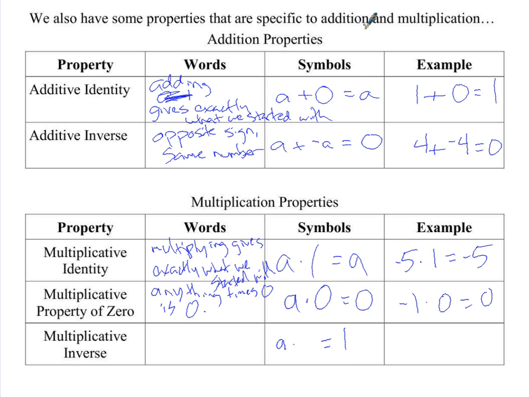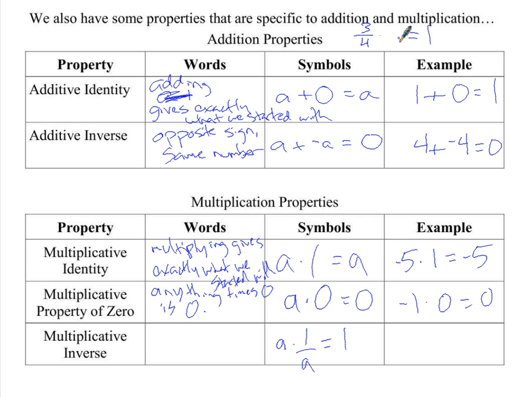If I have 3/4, I want to multiply times something to give me 1. 3/4 times negative 1 is negative 3/4. Multiply by the reciprocal. That's right. So what's the reciprocal of A? 1 over A. What's the reciprocal of 3/4? 4/3.